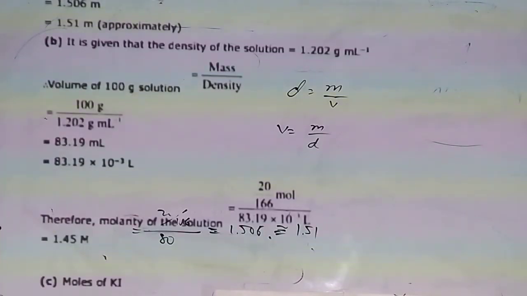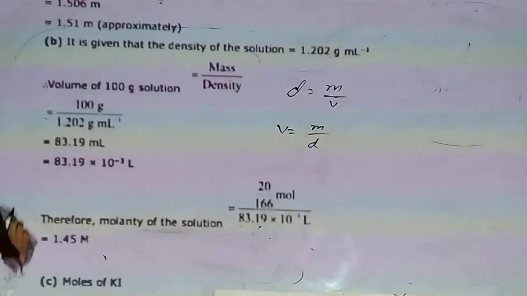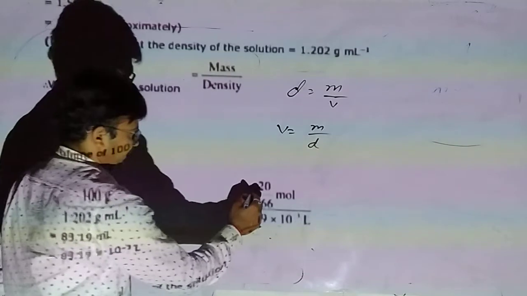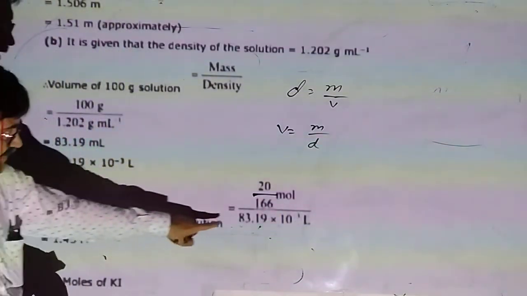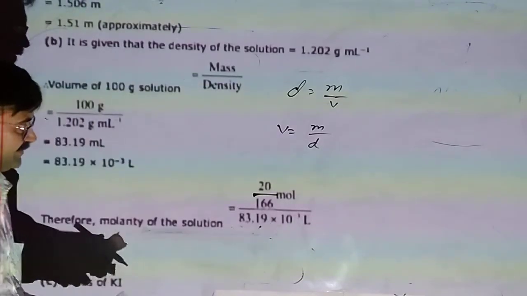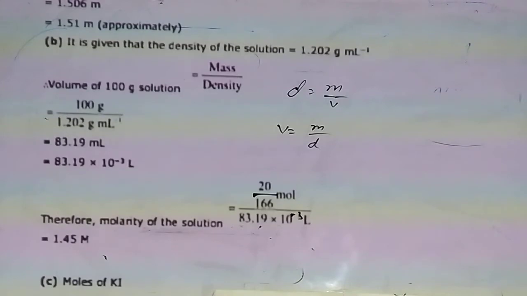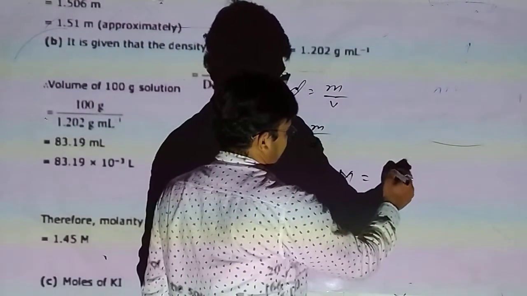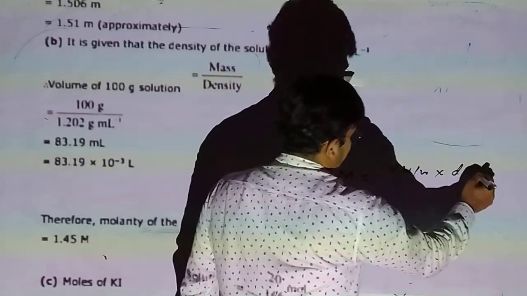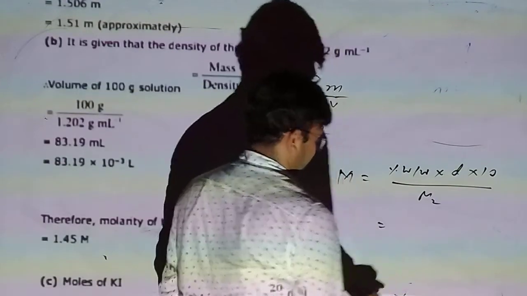So 83.19 milliliter, divided by 1000 gives liter. Mole per liter gives the molarity. So 20 divided by 166 is the mole. Now the liter is 83.19 into 10 raised to minus 3. So it gives 1.45.